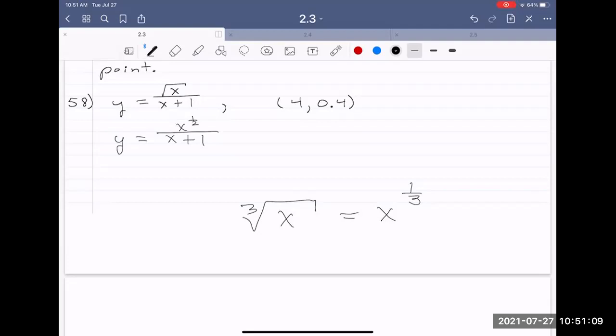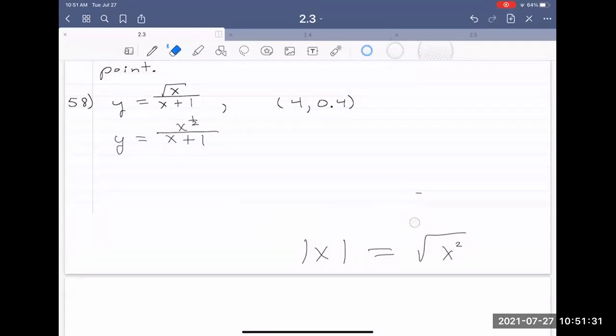Okay, so similarly, if you wanted to take the derivative of the absolute value of x, you would have to write it as the square root of x squared and then differentiate that. So in general, if there are things that you don't know how to differentiate, maybe you can rewrite it in terms of things that you do know how to differentiate. So now let's take the derivative.